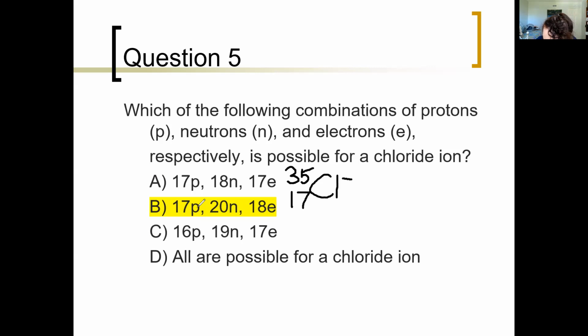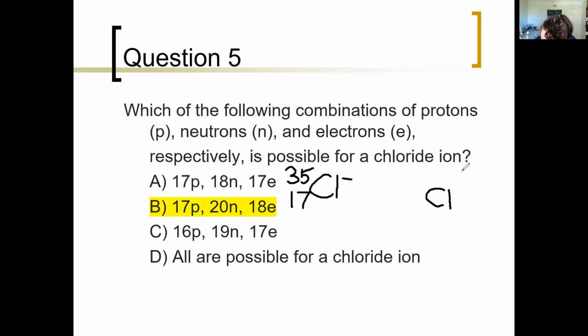Oh, you know what? There's also isotopes. It says possible, so there could be isotopes. Okay, I see what's happening here. Let me try it this way. I was doing the most common, but I forgot there's isotopes.